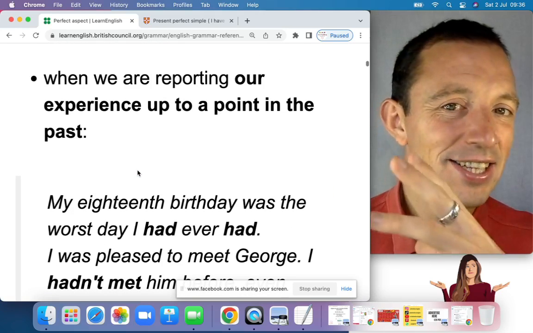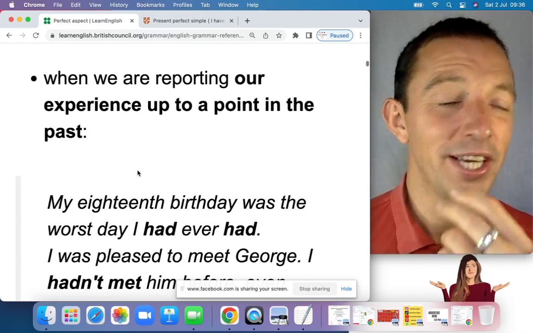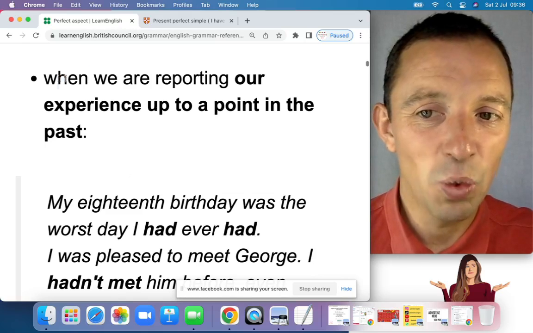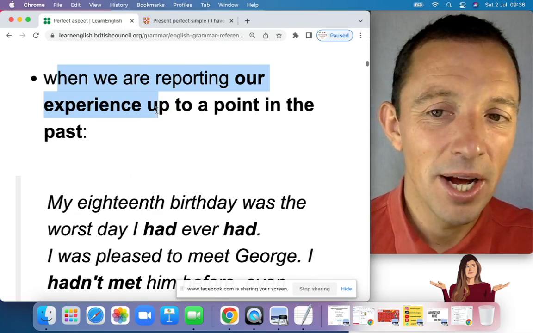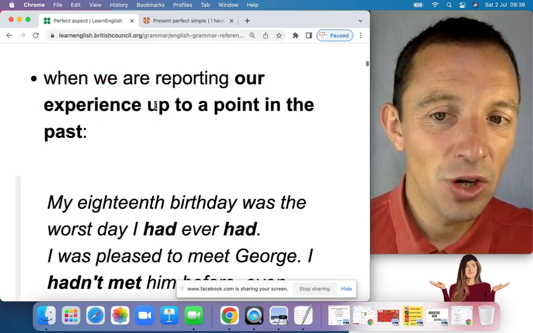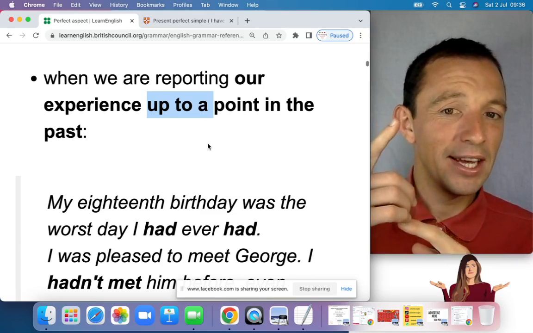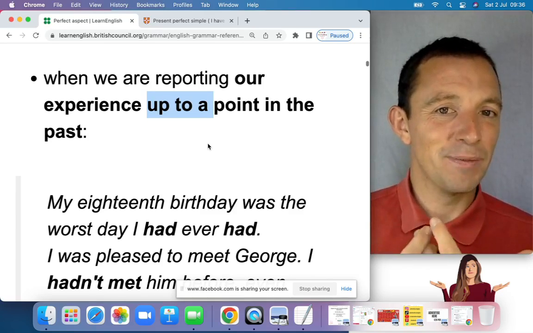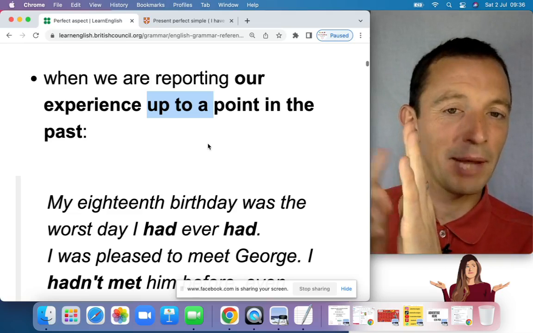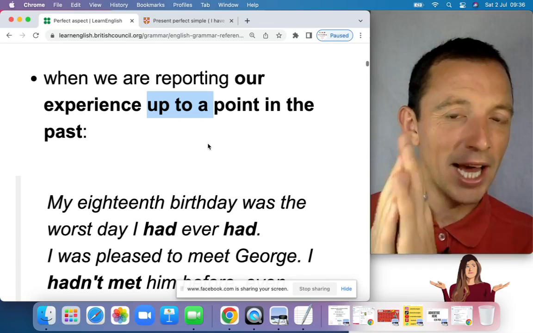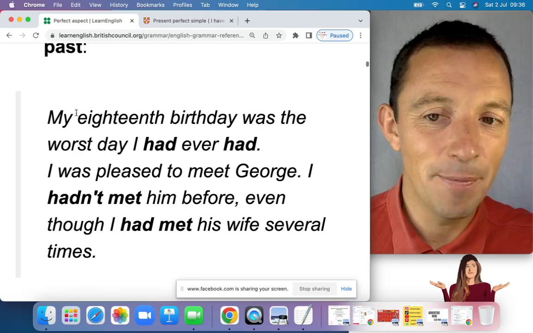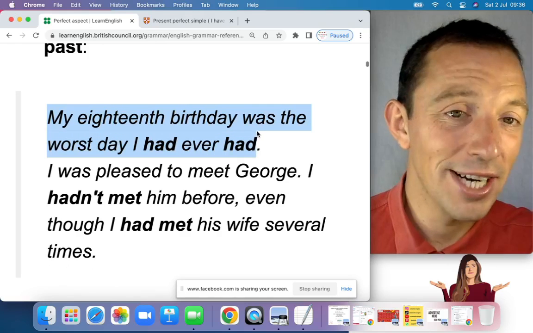The second description and time we can use the past perfect is when we are reporting our experience up to a point in the past. Very similar to the present perfect. This is our experience up to that point in the past. Okay, so let's look at another example.